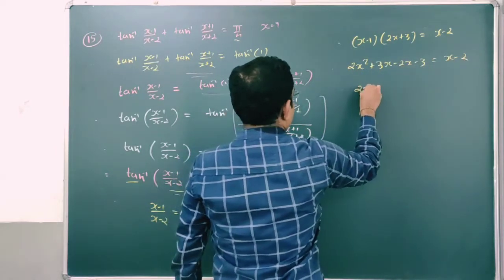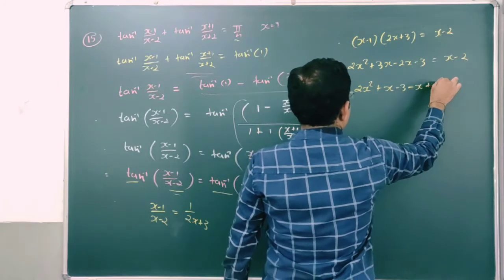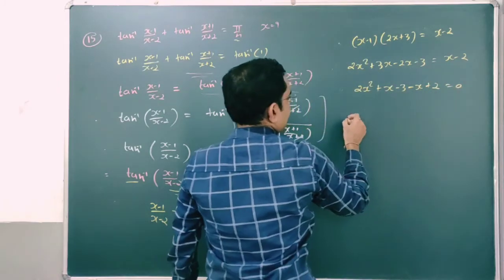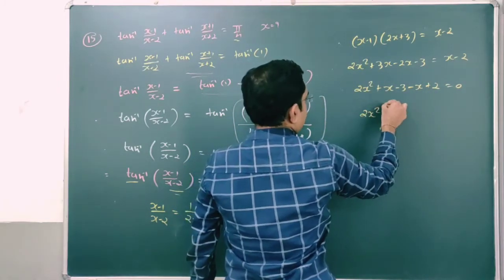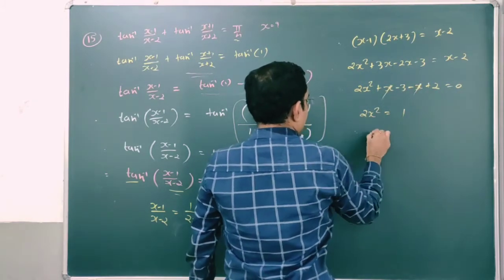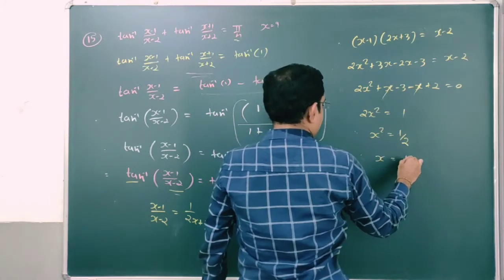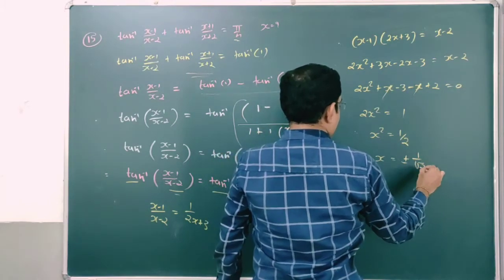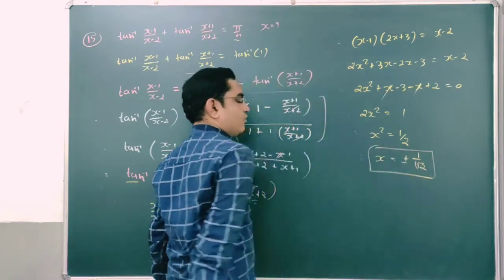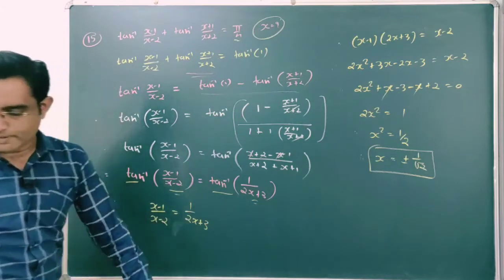So this one is 2x square plus x minus 3 minus x plus 2 equal to 0. So this one is 2x square plus x minus x is cut, minus 1 will be converted into plus. So x square equal to 1 by 2. Therefore x will be plus or minus 1 upon root 2. X equal to plus or minus 1 upon root 2 is the solution of this given trigonometric equation.